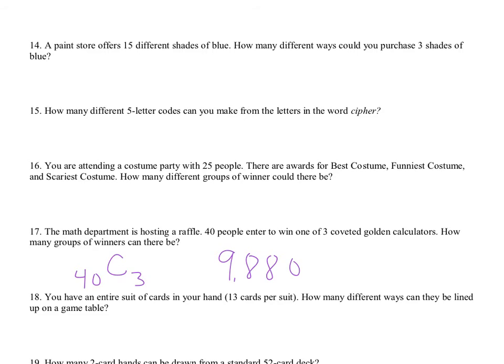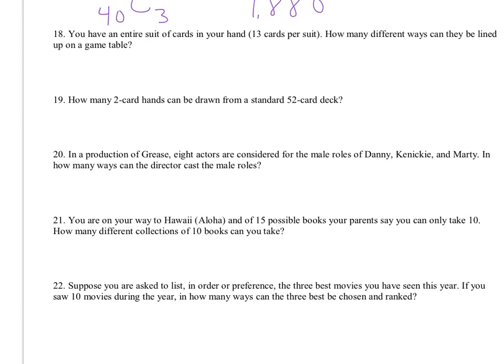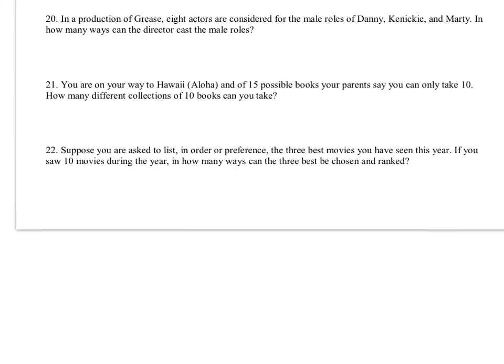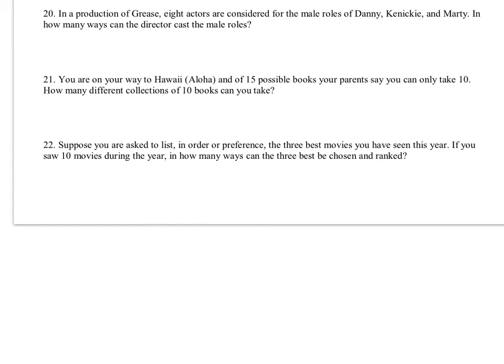The next question I got asked was question number 21. You're on your way to Hawaii. Oh man, I wish I was going to Hawaii. And there's 15 possible books. Your parents say you can only take 10. What mean parents! How many different ways can you take 10 books? Well, again, does order matter or not? No, it does not matter the order that you line up these 10 books in your backpack.